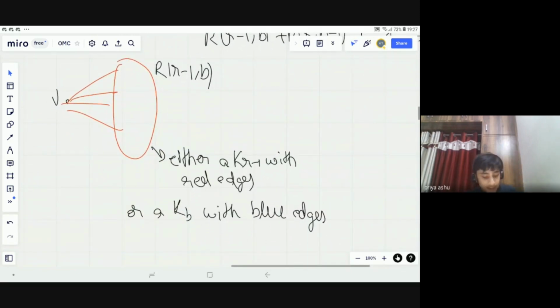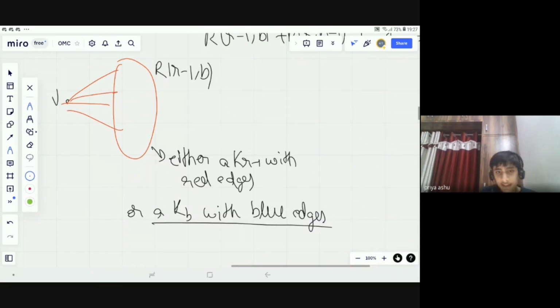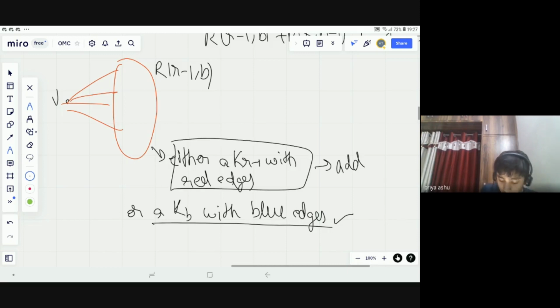So if V has at least R(R-1,B) red edges, then this red set has either a K_{R-1} with red edges or a K_B with blue edges. So if it has a K_B with blue edges, then we are done. If it has a K_{R-1} with red edges, we just add V to these R-1 vertices. Why does this work?